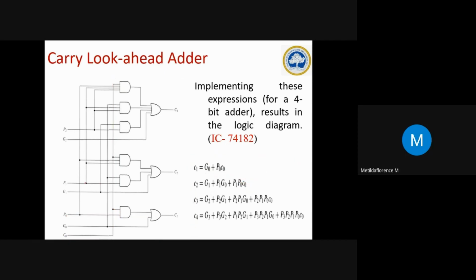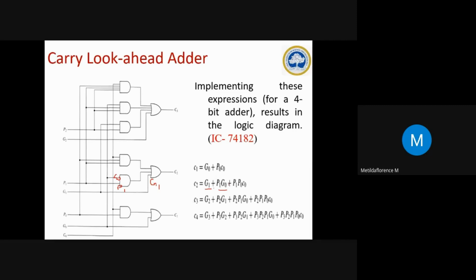Similarly, when you see the next stage, what is given? G1. G1 comes into the OR gate, right? Plus means OR gate. So G1 is coming here. And next is what? P1 and G0. So P1 is coming here, and here if you see, this is G0.